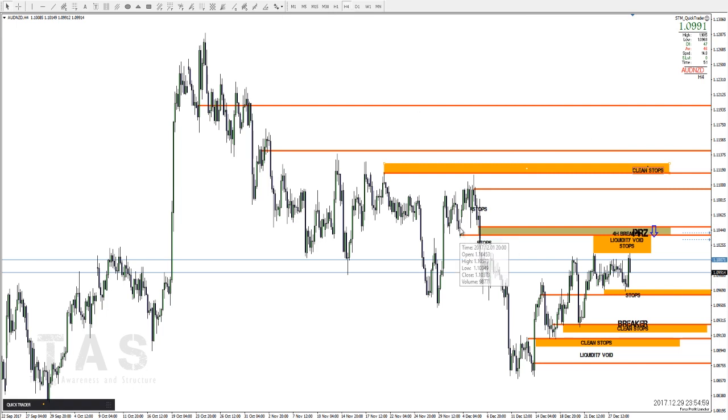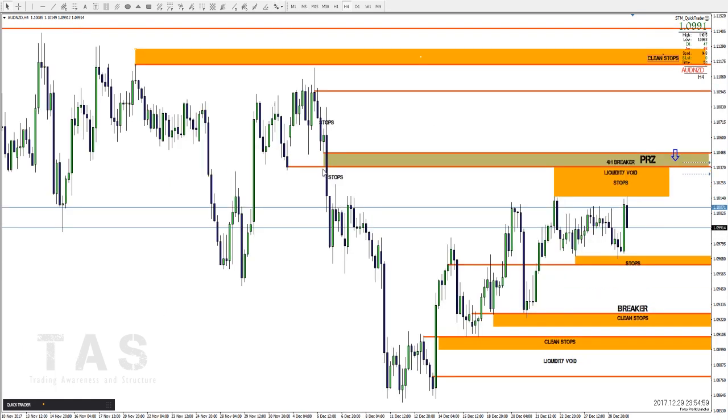First, it has this breaker here. This move down made it take these highs here, so it might come up to this level, and it might come up to this level to fill in this liquidity void here. It covers these two rectangles.